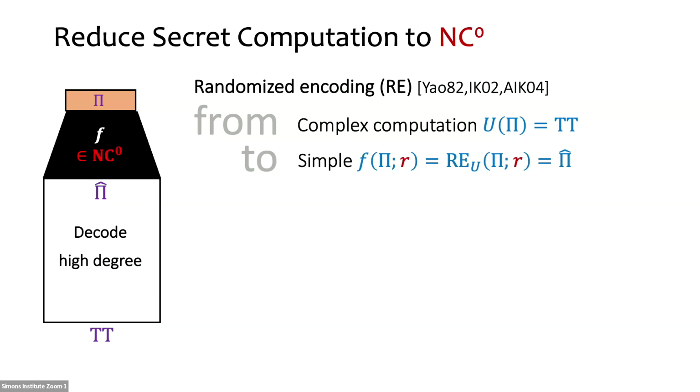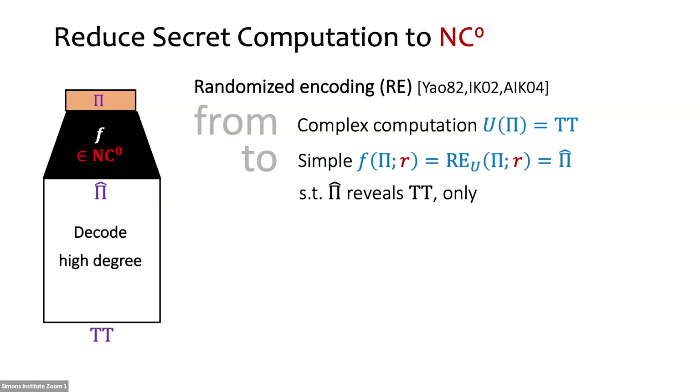And it will transform it into a randomized computation, which produces what we call a randomized encoding of the computation U of pi, and we denote it as pi hat. And the feature is that the encoding can be evaluated, decoded in public to reveal the truth table with the guarantee that it reveals no other information about the program pi.